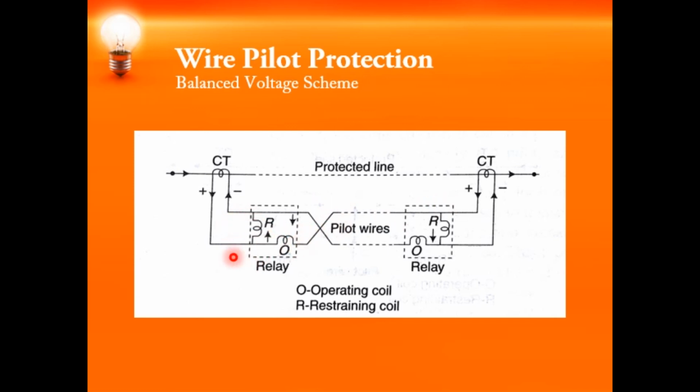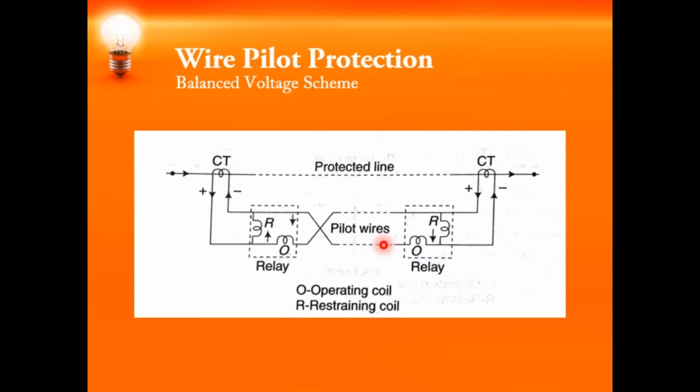It flows only through the restraining coil. In case there is any internal fault, the polarity of the CT gets reversed, and the current will flow through the operating coil and the pilot wires, which in turn will protect the transmission line for which it is being used.